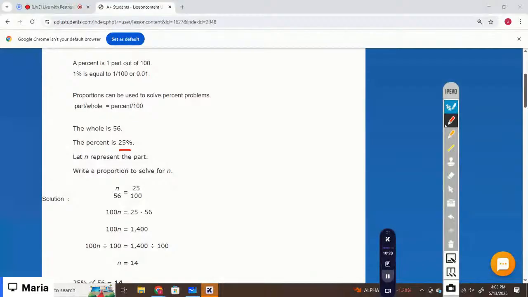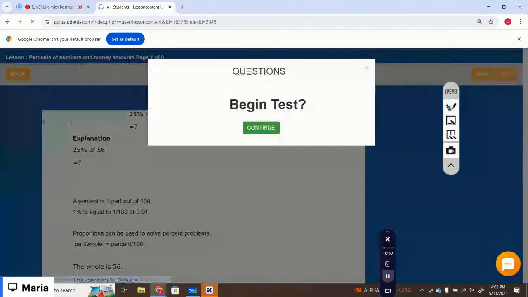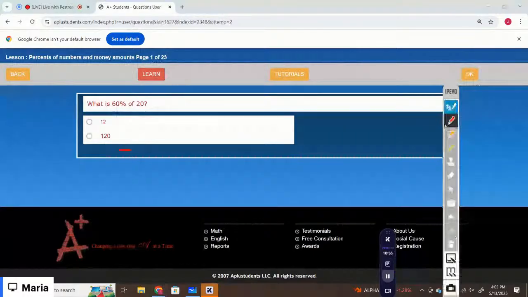Let's start with the test questions. Okay, the first one is 60% of 20. So we need to calculate n divided by 20, where 20 is the whole number.